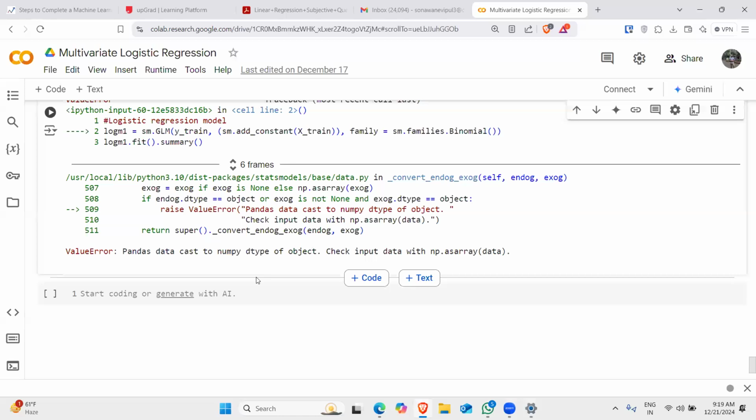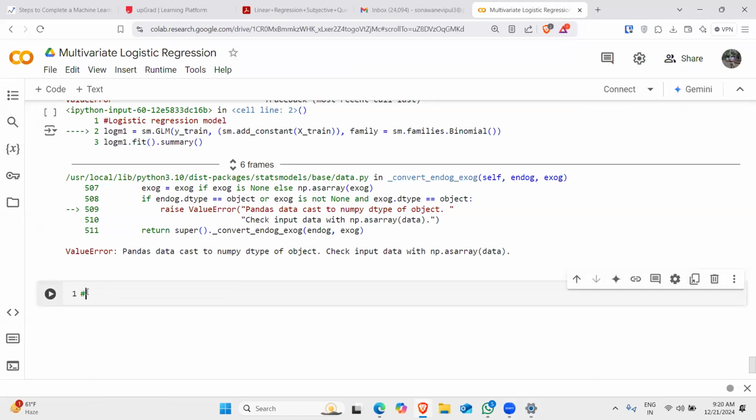Okay. Now, in order to do the next thing, how do we evaluate the model in classification? We are going to see that. So basically, regression has a numeric target variable, and classification has a categorical target variable.